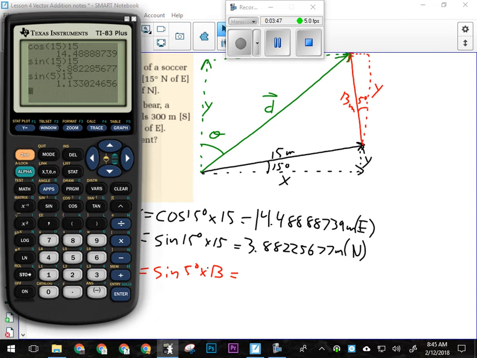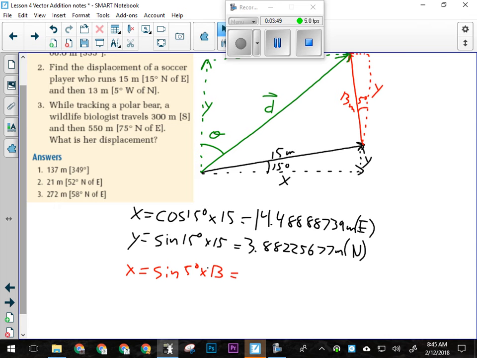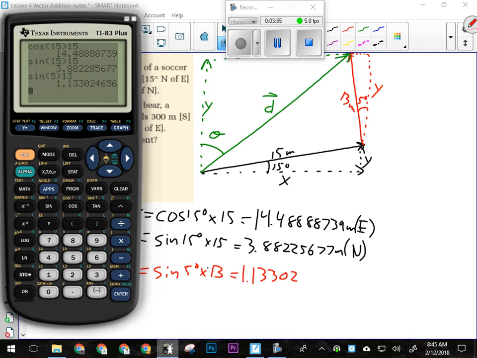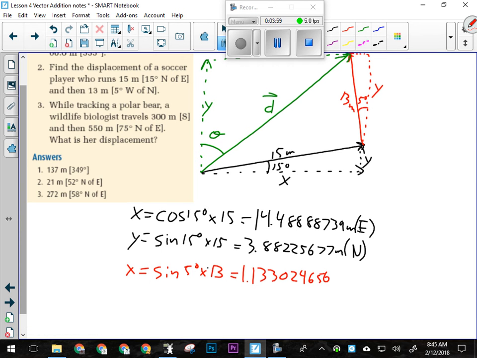All right, so it's very small, 1.133024656 meters. And which way is that one pointing? Yeah, that's the x. Which way is it pointing, east or west?